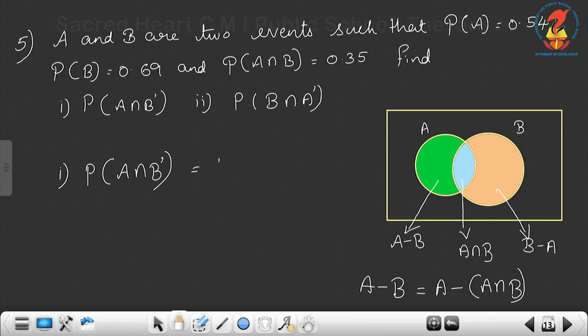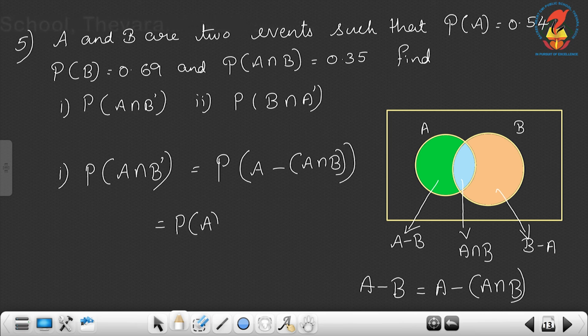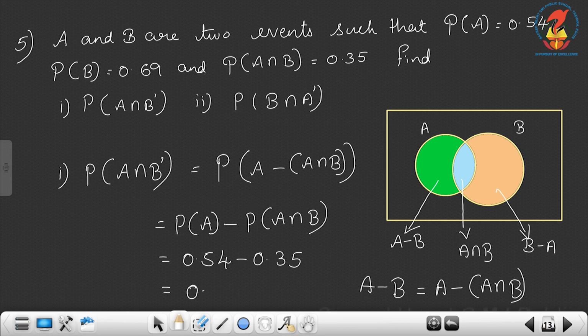So here I am writing A intersection B complement, that is A minus A intersection B, that is P of A minus P of A intersection B. What is P of A? 0.54 minus intersection is 0.35. So it is 0.19.